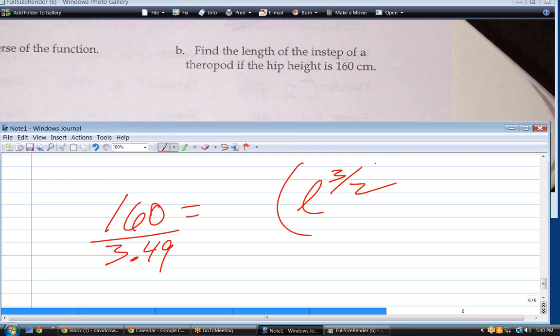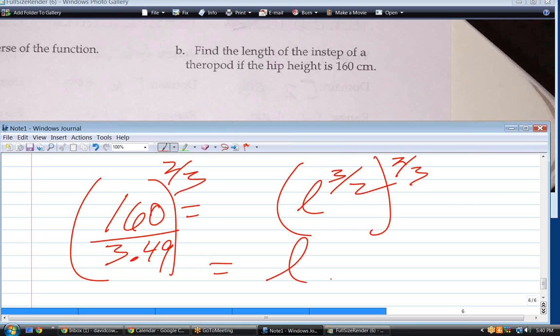That's not multiplication there. That's exponentiation. So that leaves L. We have now isolated and solved for L, and it's equal to whatever that number is.